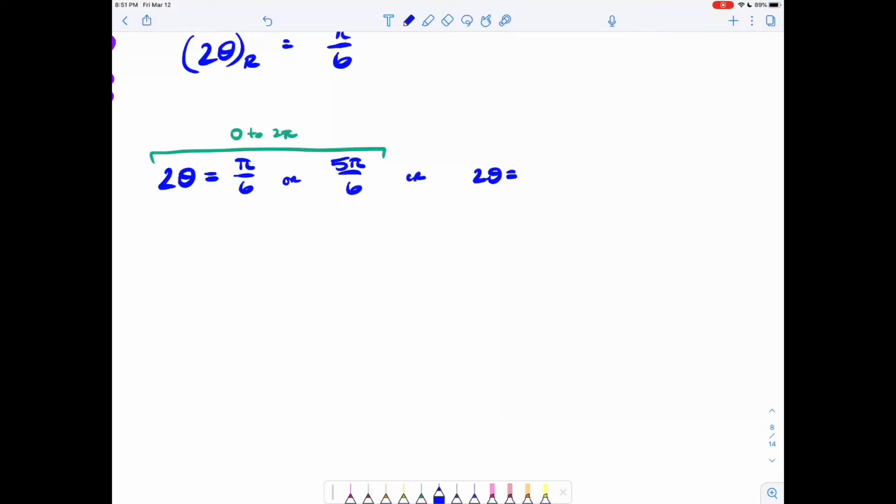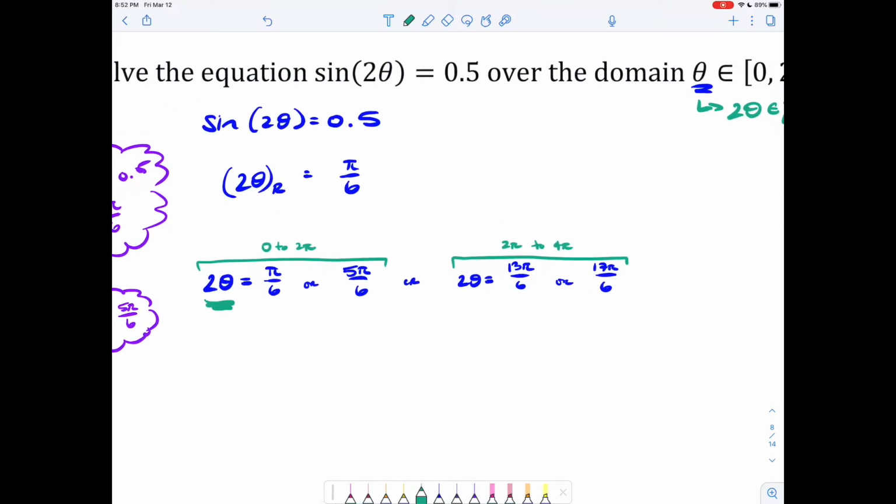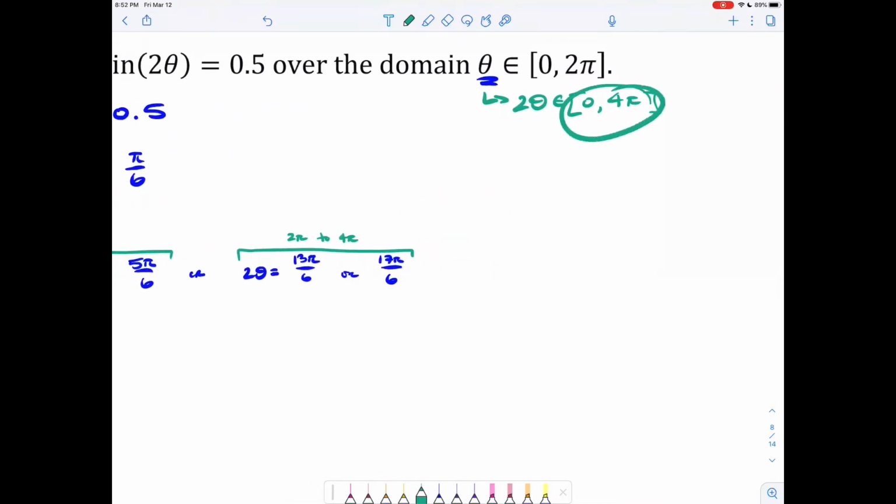So if we're going to add one revolution to each of those, 12 pi over 6 plus pi over 6. So coterminal angle, we've got 13 pi over 6 and 17 pi over 6. So these are our solutions from 2 pi to 4 pi. Again, because 2 theta can be in a much larger span.